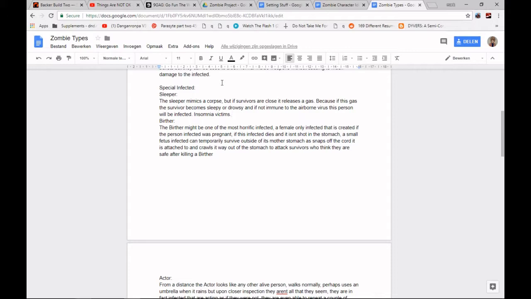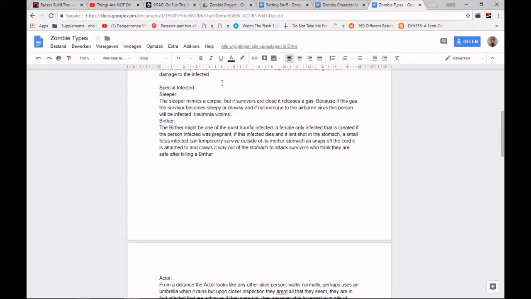For example, the sleeper basically mimics a corpse. If survivors are close to it, it releases a gas. Because of this gas, the survivor becomes sleepy or drowsy, and if not immune to the airborne virus, this person will be infected. These generally come from insomnia victims who don't get enough sleep.